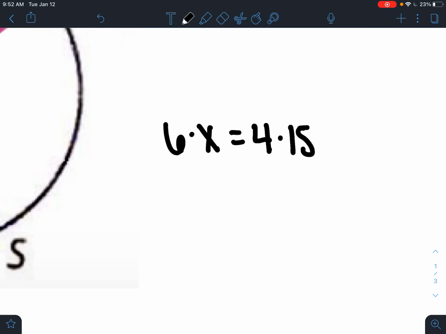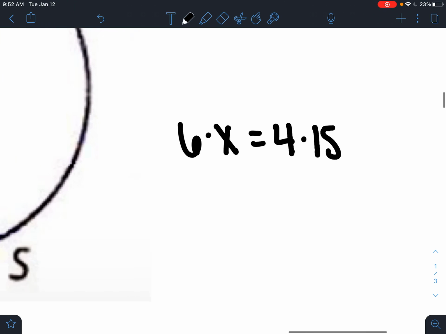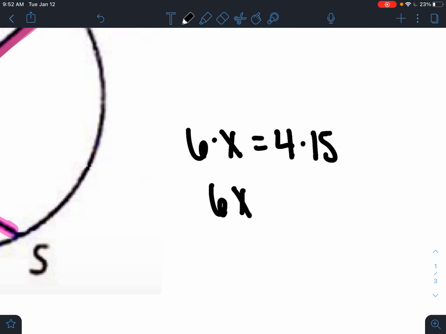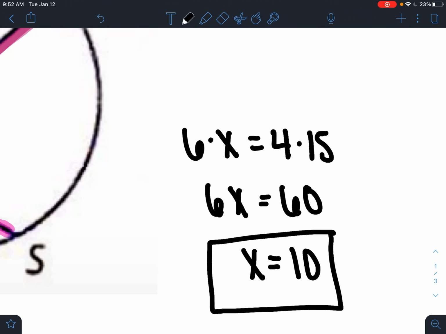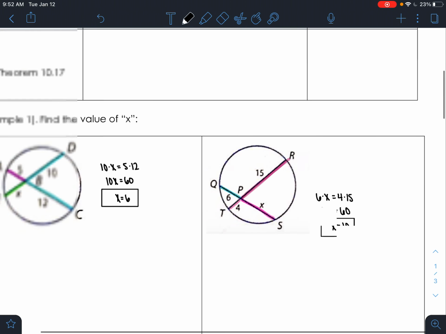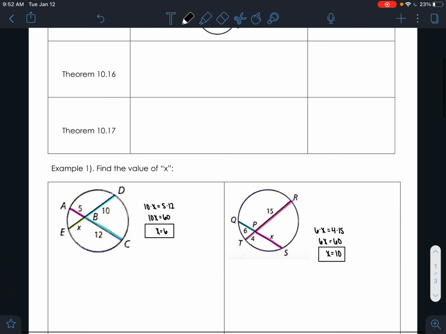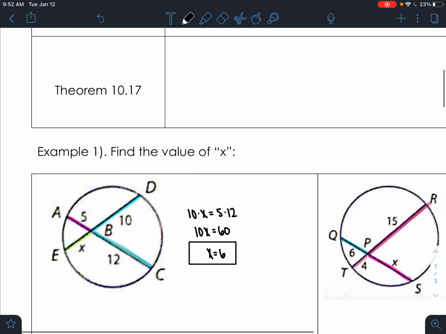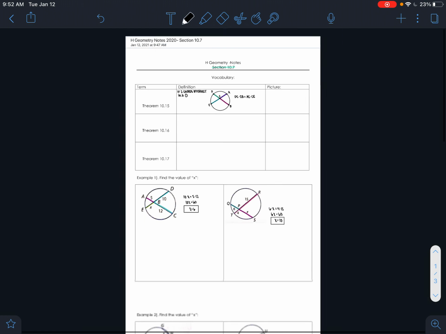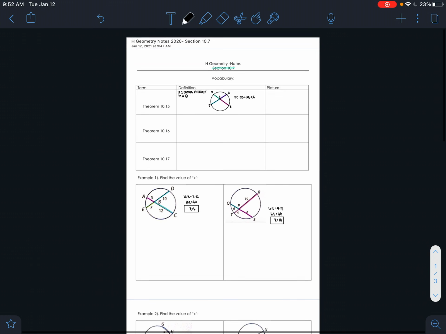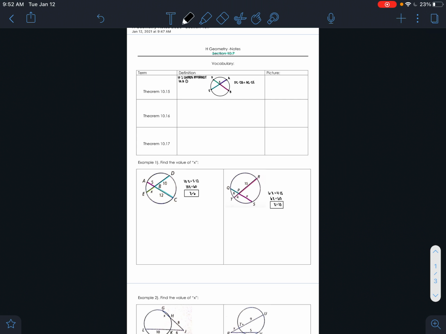Simplifying that, 6X is equal to 60, which means X is equal to 10. That's your final answer. So when the intersection point is on the inside of the circle, we take the individual segments of each chord, multiply them together, and set that equal to the product for the other chord. Not that bad, but the other ones aren't that easy.